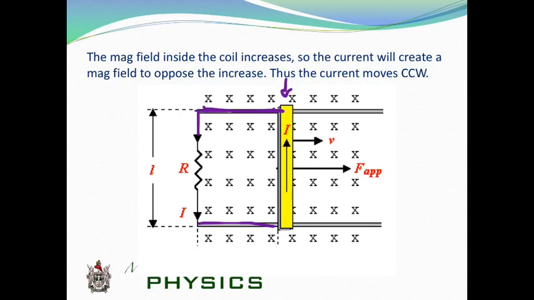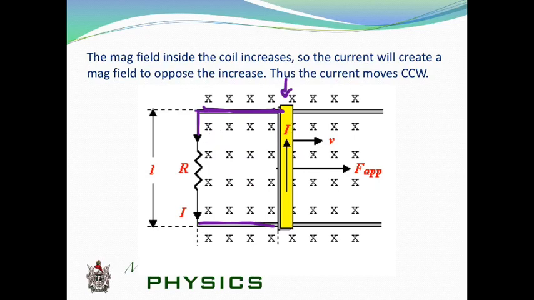That will effectively change the area that is inside here. It's going to increase that area. By having this little yellow bar slide to the right, you're not changing the intensity of the magnetic field, but you are changing the area. You're increasing the area, and by increasing the area, you are changing the flux.